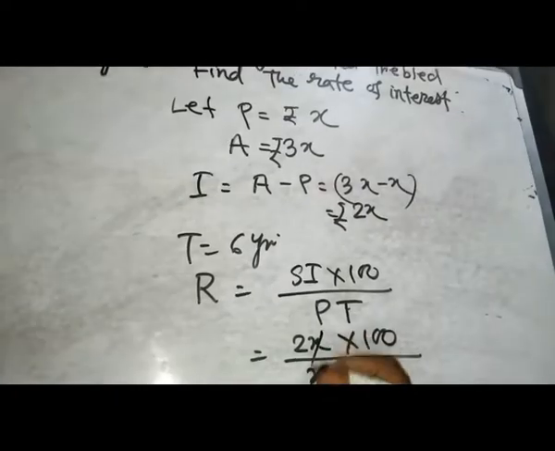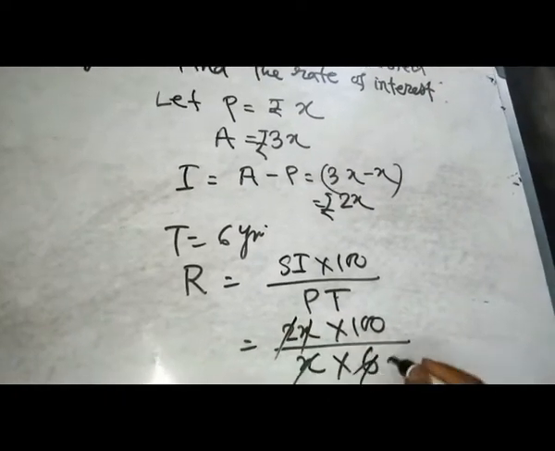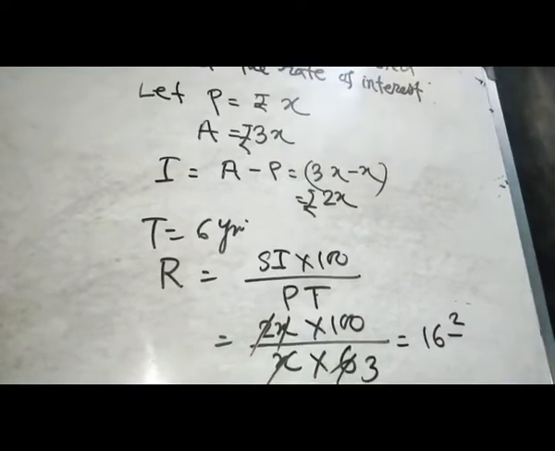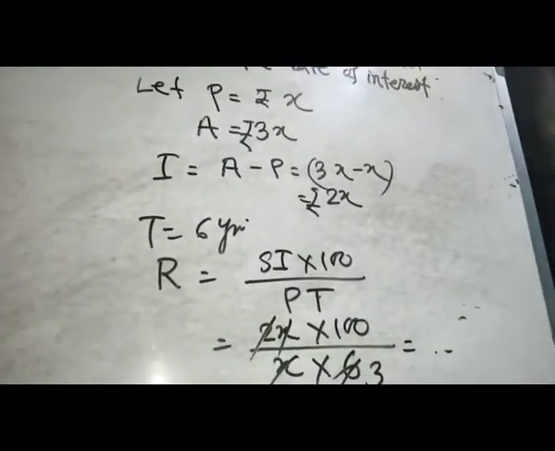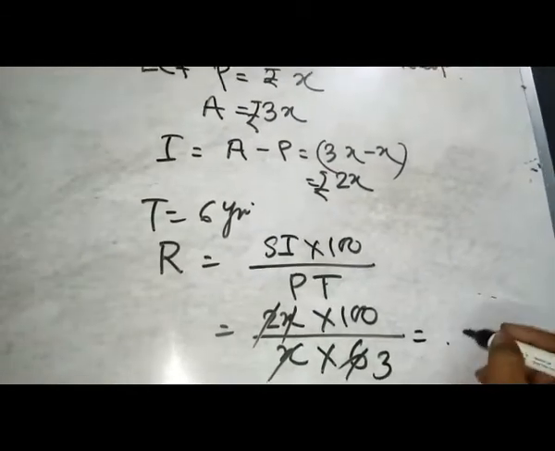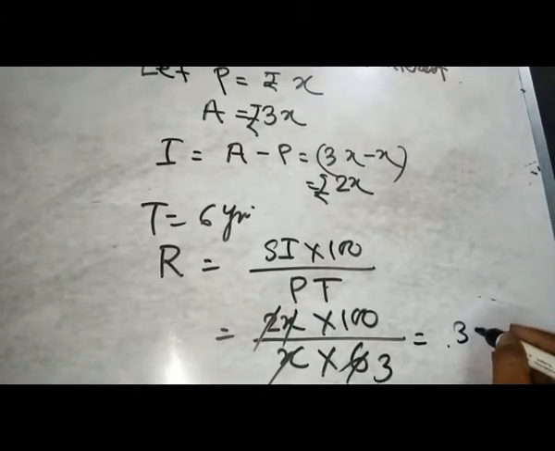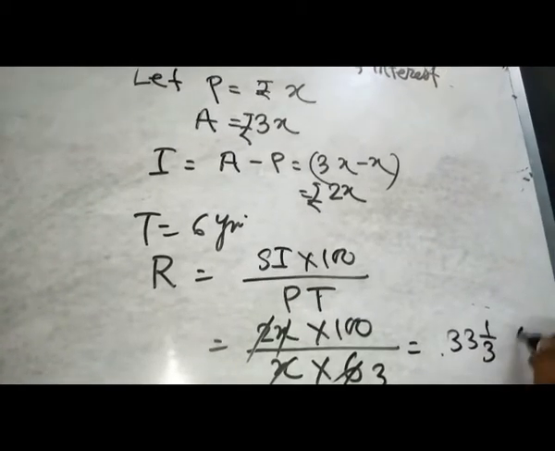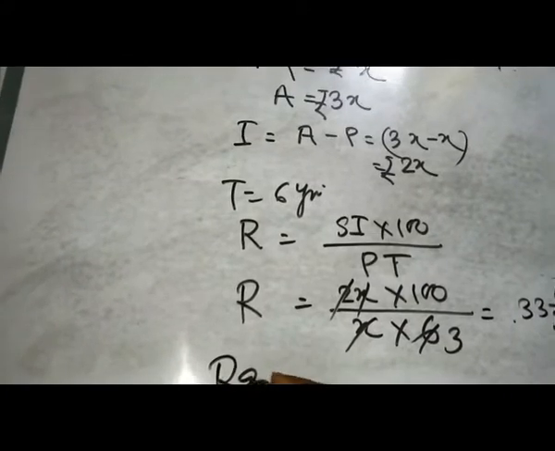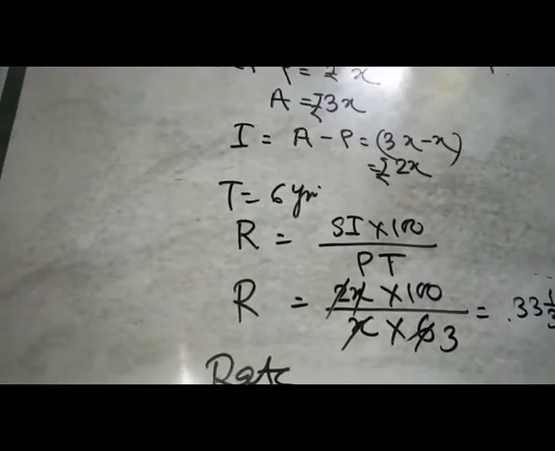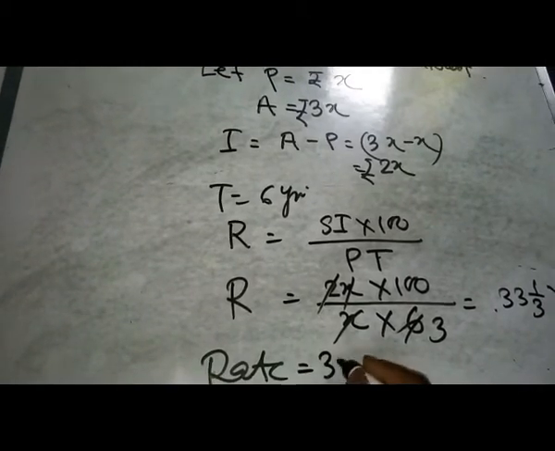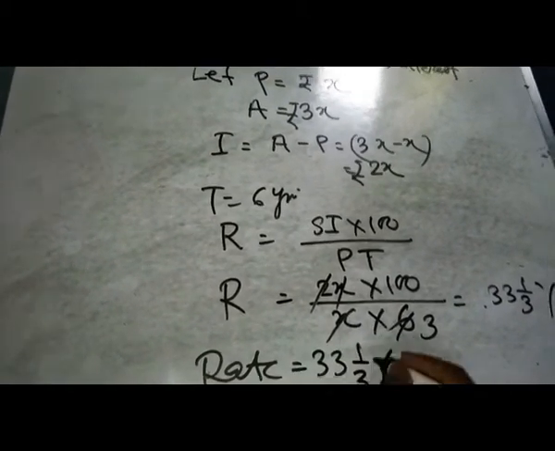So this X will cut, 2 3s, so the answer is coming 16 2 by 3, that is 33 1 by 3%. This is the rate. So write down rate equals 33 1 by 3%.